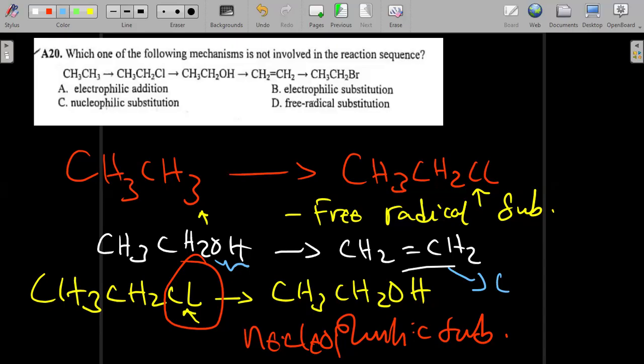Elimination. On our answers, do you see any elimination there? Free radical. Okay, so from here to there, what's the process there? The process there is supposed to be elimination because we've removed this OH.